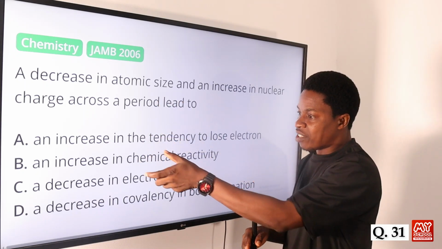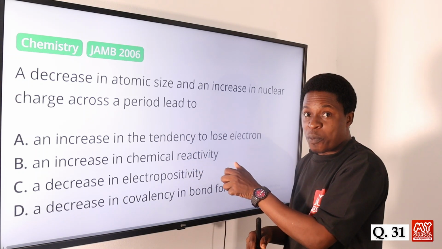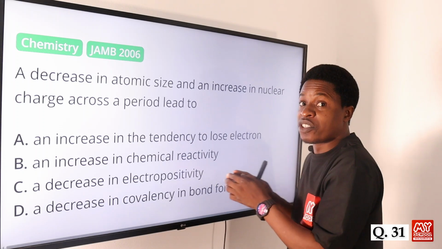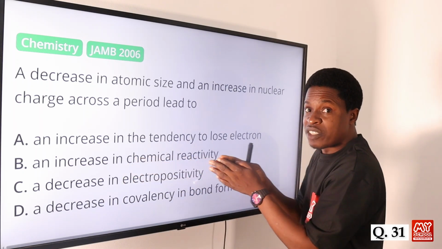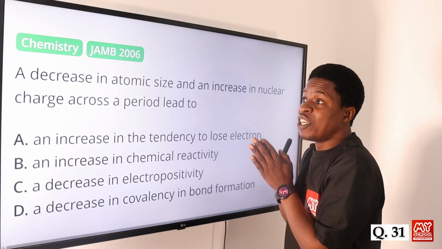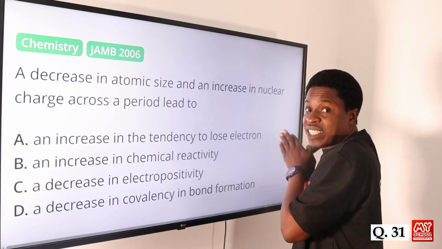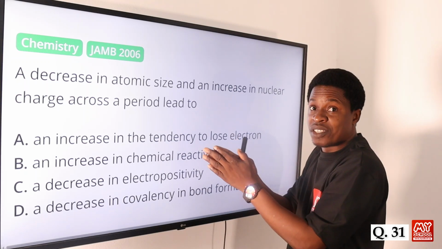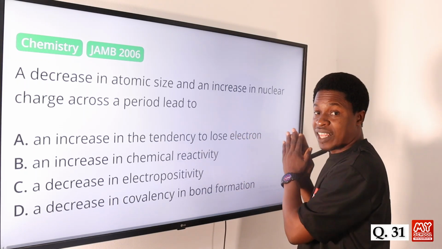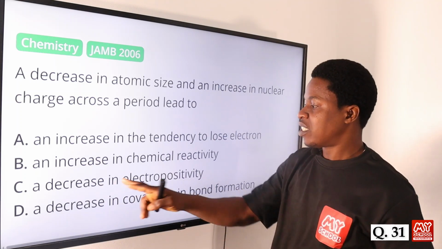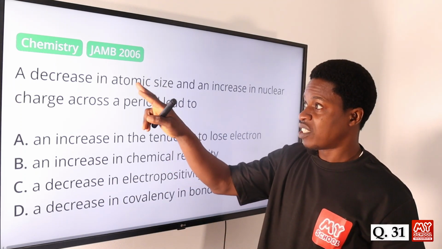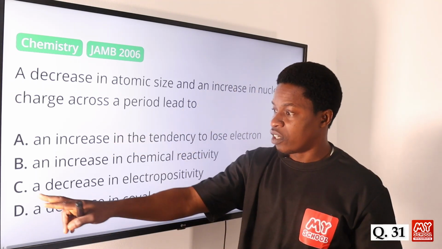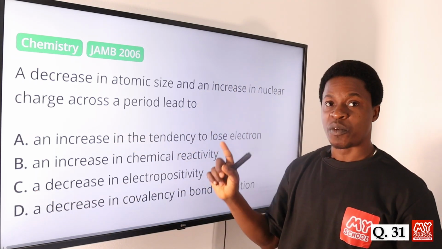So of course, as you are moving across, the electropositivity decreases and the electronegativity increases, because as you move across the period, you are tending towards the electronegativity of the element. You are moving from metals to non-metals, and then to the gases. So there's going to be a decrease in electropositivity, because a decrease in atomic size and an increase in nuclear charge across the period lead to a decrease in electropositivity.